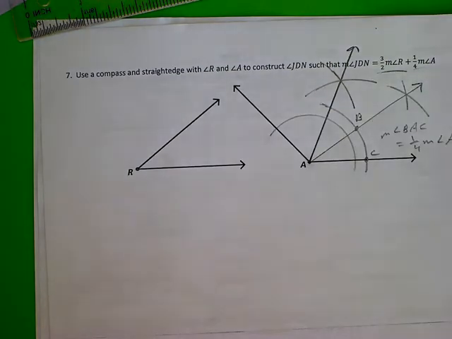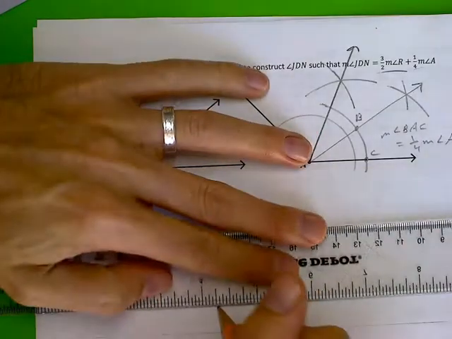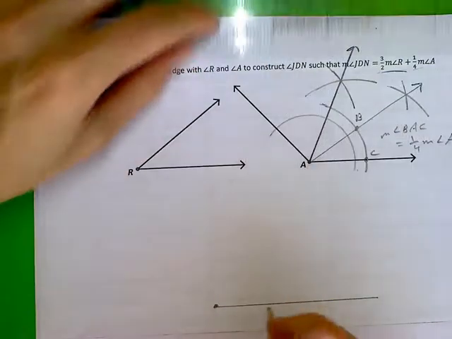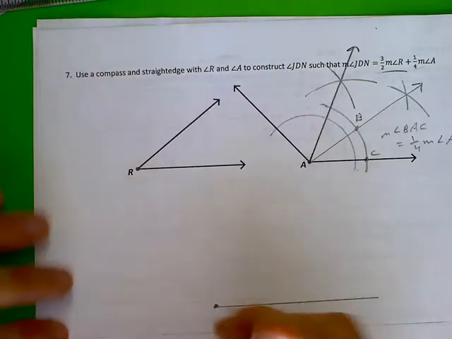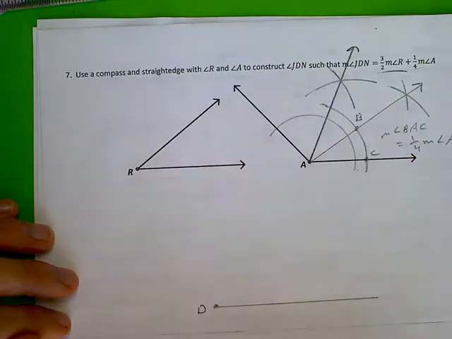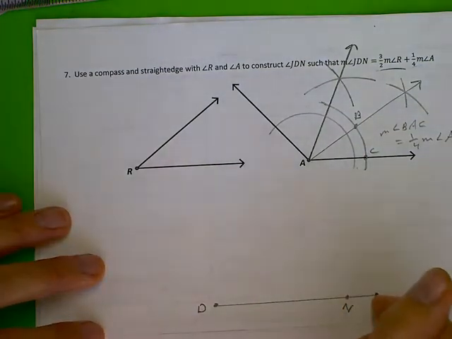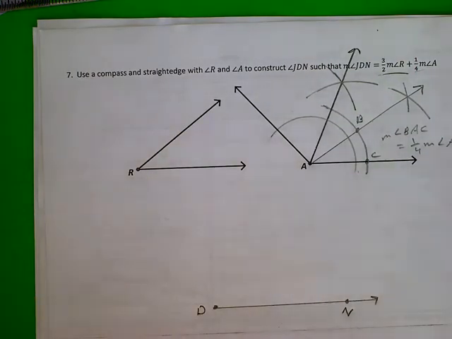And what I'm going to do is copy that angle down here. So when I copy an angle first, I just want a ray. I'll call this, because the angle I'm trying to draw is called JDN, this would be the vertex point D, and somewhere down here is going to be point N. Now, where's point J? Well, that I've got to find out.